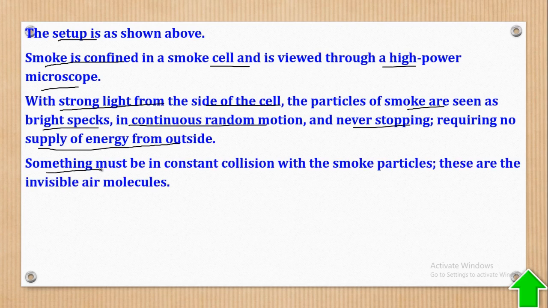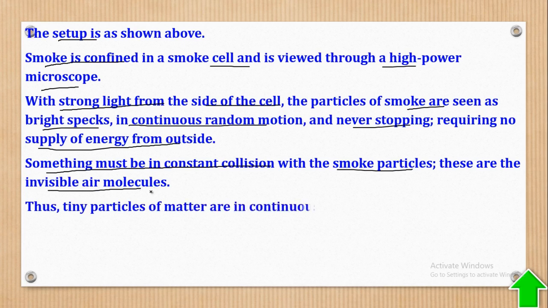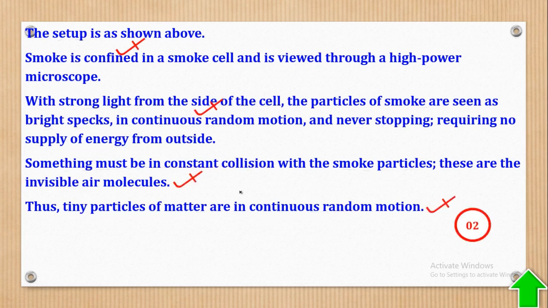So something must be in constant collision with the smoke particles, and these are the invisible air molecules. So thus we shall conclude that tiny particles of matter are in continuous random motion.